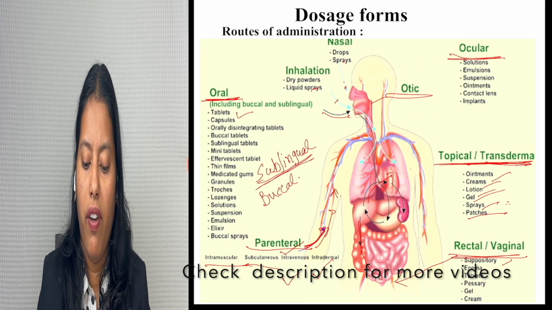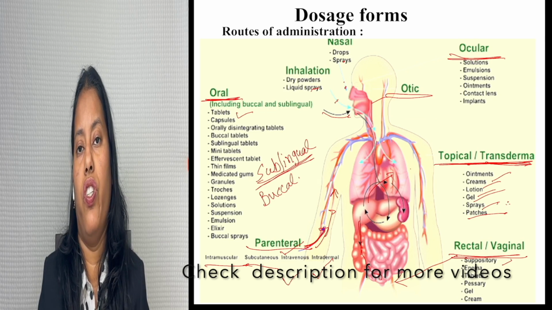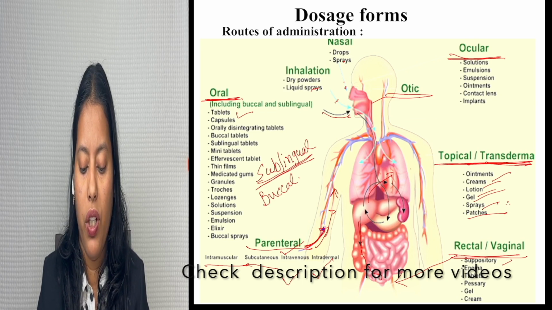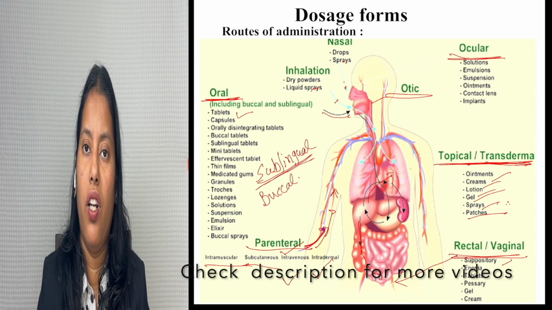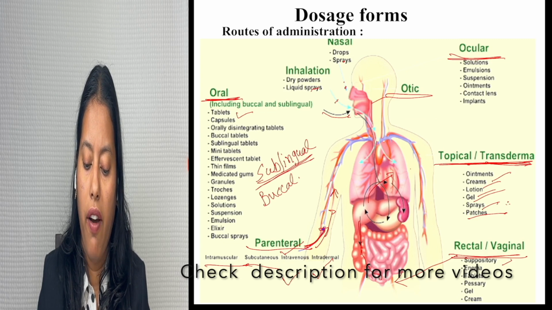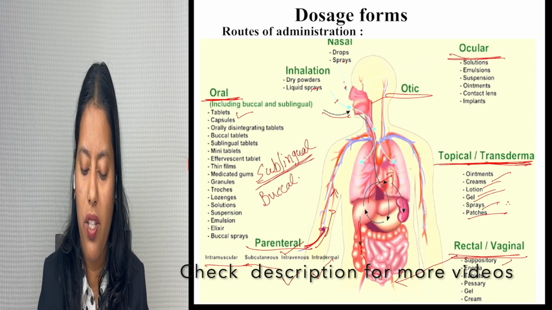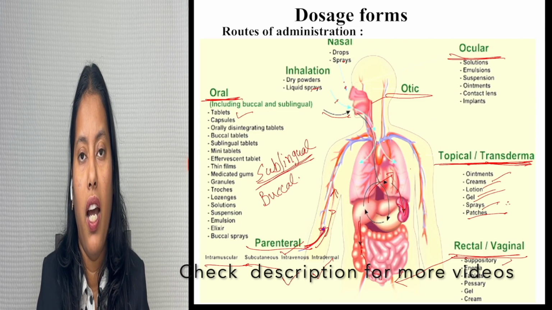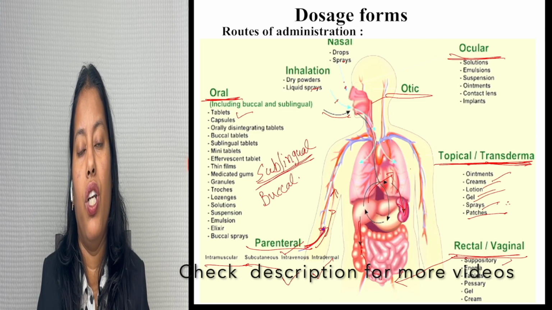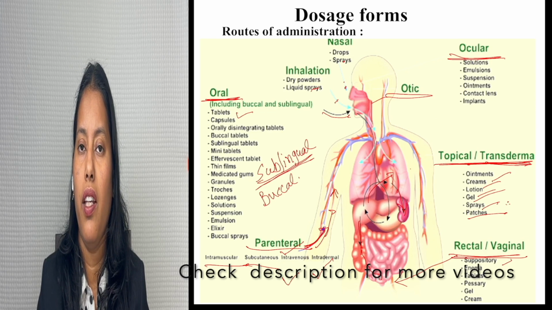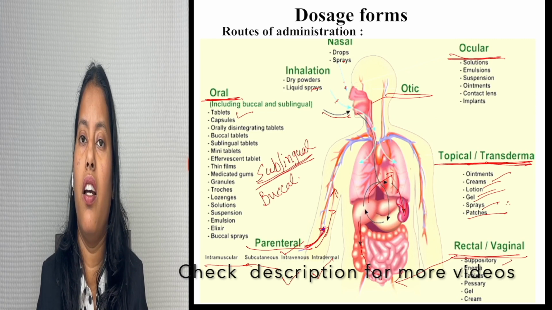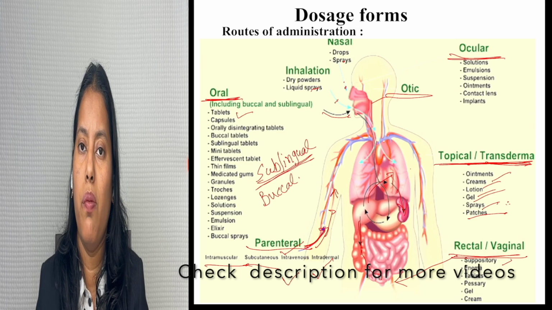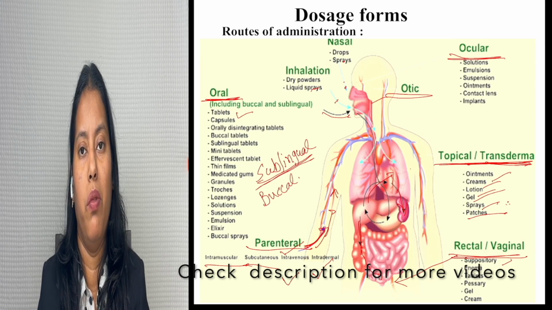So if you see the various routes, these are the major routes through which a drug is administered. It goes to the systemic circulation or it goes to this organ system, and then it enters the systemic circulation. After circulation, blood passes towards the kidney where it is filtered out and the drug is eliminated into the urine. So when you take a drug, it goes through absorption, distribution, metabolism, and elimination.